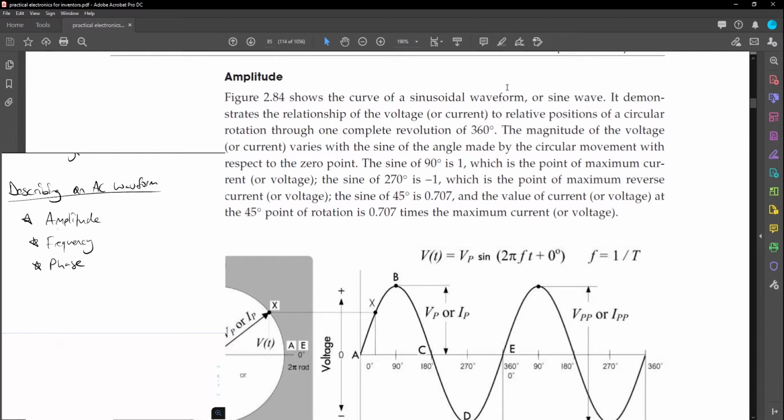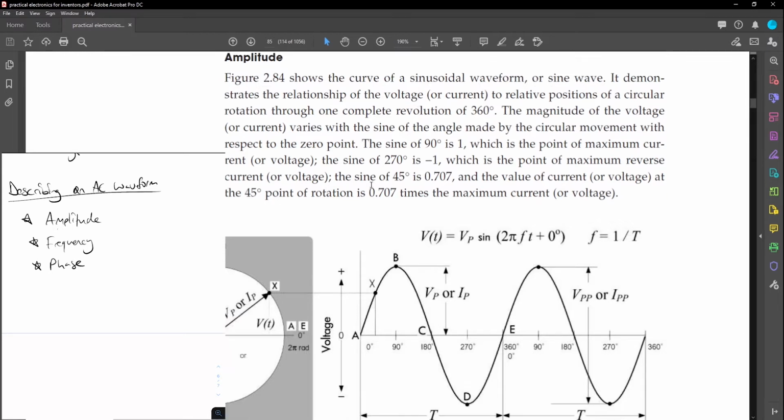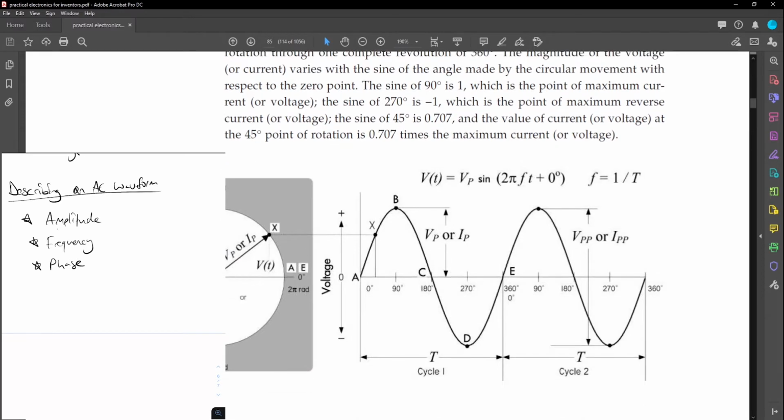Where's the curve? Where is it showing it? I don't get it. Okay, here. This bit.